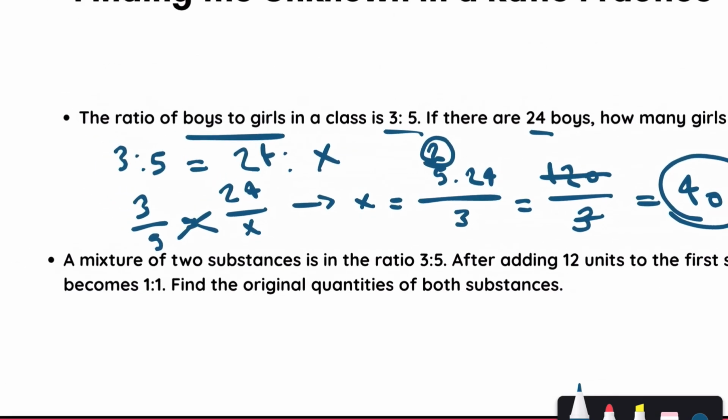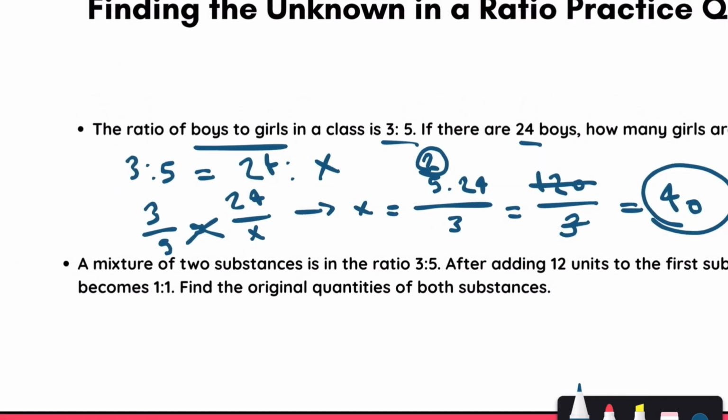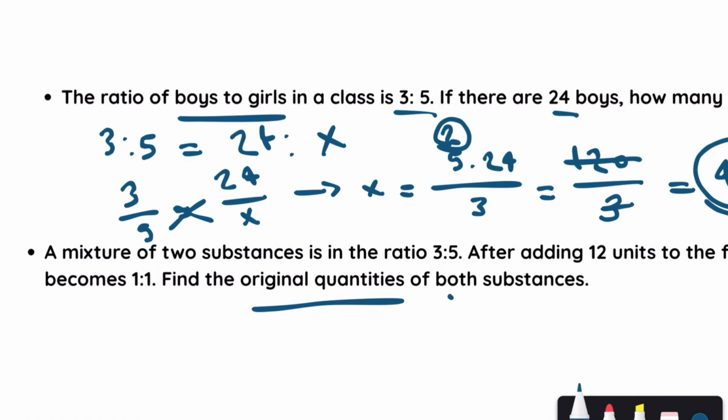It says a mixture of two substances is in the ratio 3 to 5, okay? So what this question wants from us, it wants the original quantities of both substances. So we should focus on that only. We should not focus on the side parts.